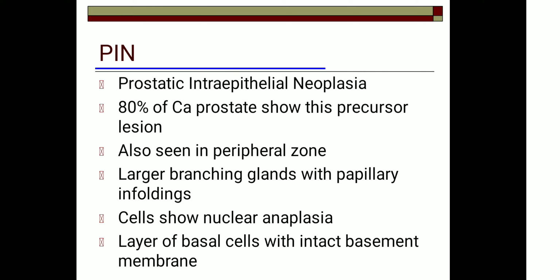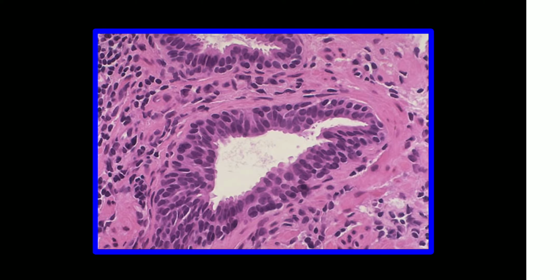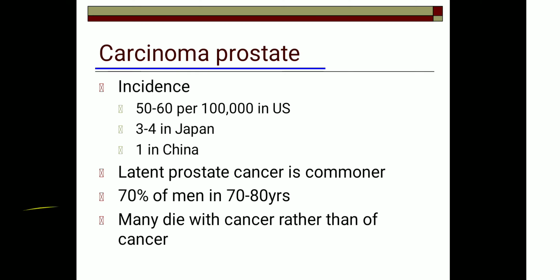Some of these cells will start showing features of dysplasia. There will be loss of polarity, there will be hyperchromatism, there will be nucleoli, etc. So just remember that this is a premalignant condition in the prostate. That's all for you. So we'll move on to another important topic, that is carcinoma of prostate.